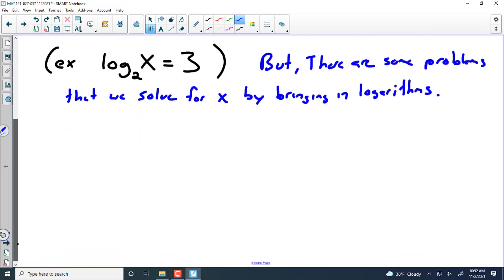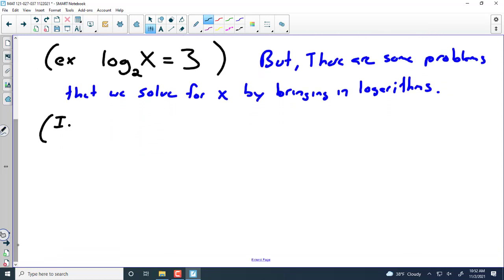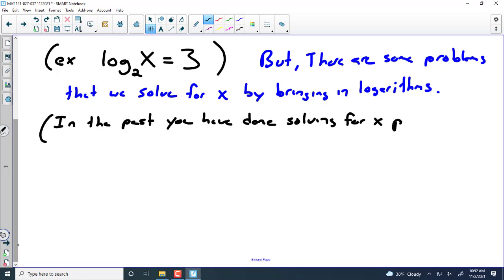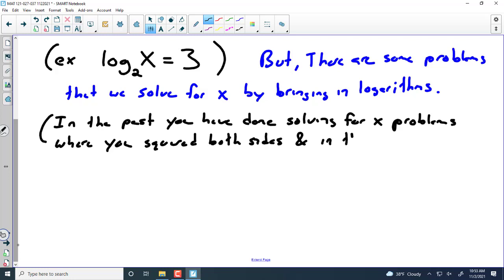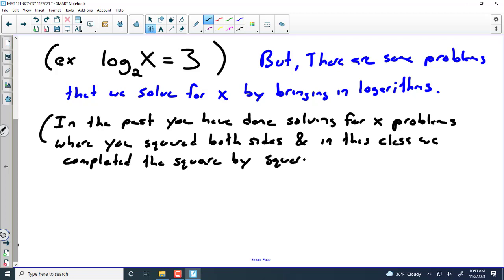Now, you've seen something like this before, because in the past, you have done solving for x problems where you squared both sides, and in this class, we completed the square, don't worry, we're not doing that today, by square rooting both sides.